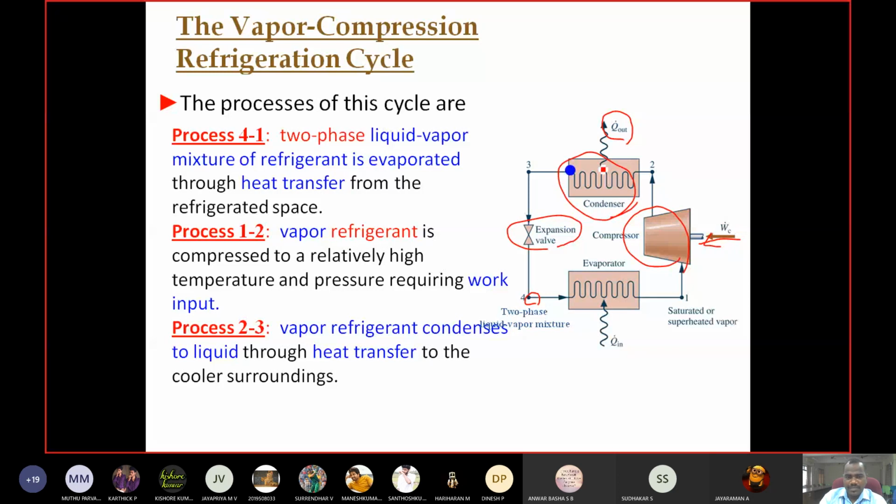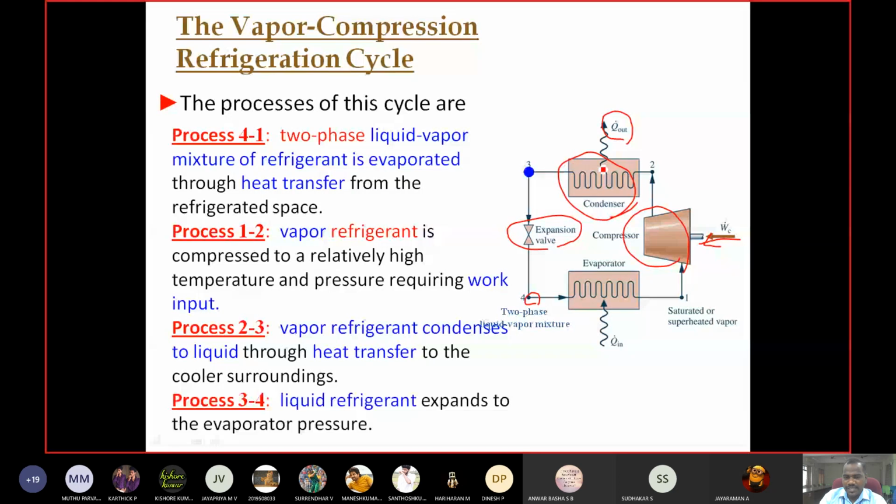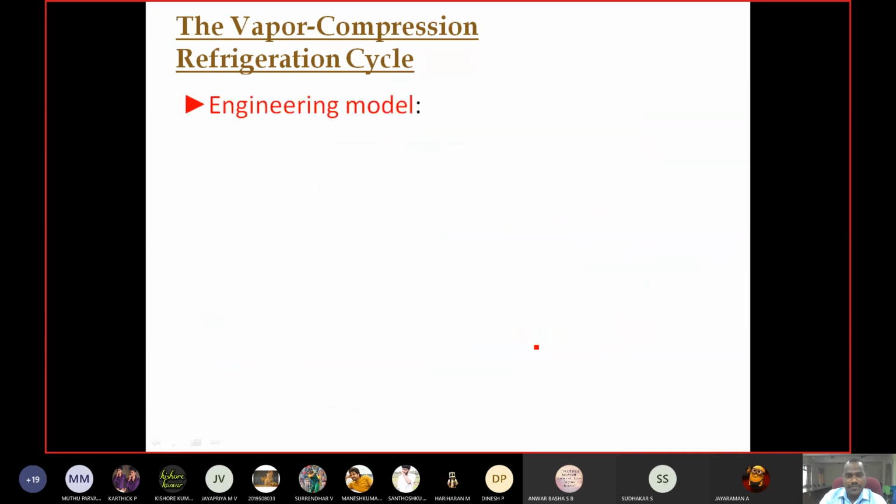Then in process 3 to 4, the liquid refrigerant expands to evaporator pressure, so we need this TXV, the expansion valve. Then again we get the liquid vapor mixture after state 3, that is state 4. So this is a cyclic process, and the vapor compression refrigeration cycle repeats.